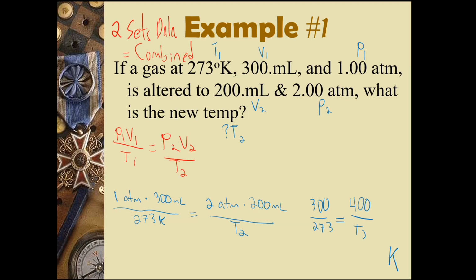Now at this point we want to cross multiply. Cross multiplying happens whenever you've got what you want on the bottom. So if I want T2 on the bottom, it's best to just multiply this together. That means I will have 300 T2, equal to the other thing that I multiply, which will be 400 times 273.